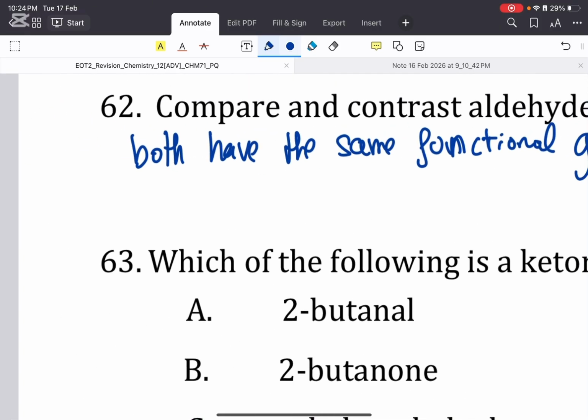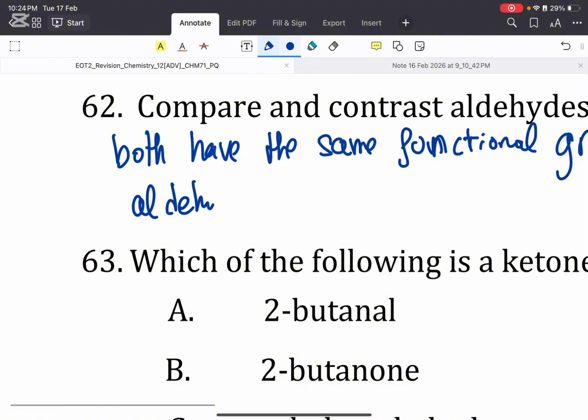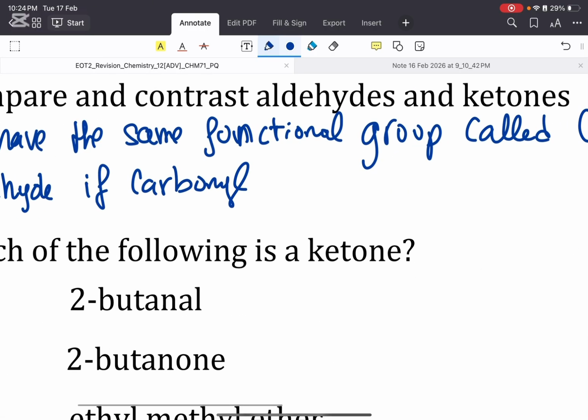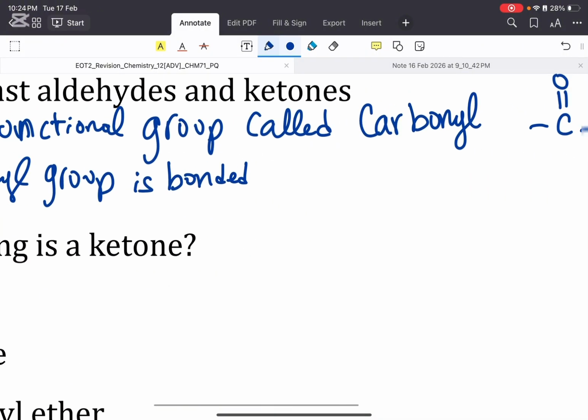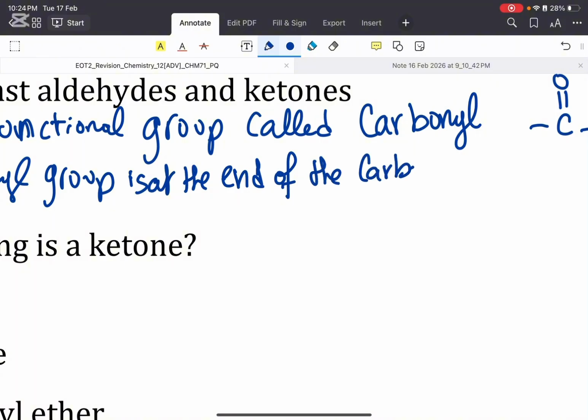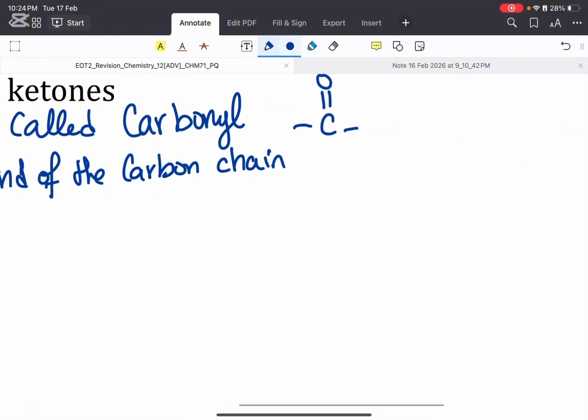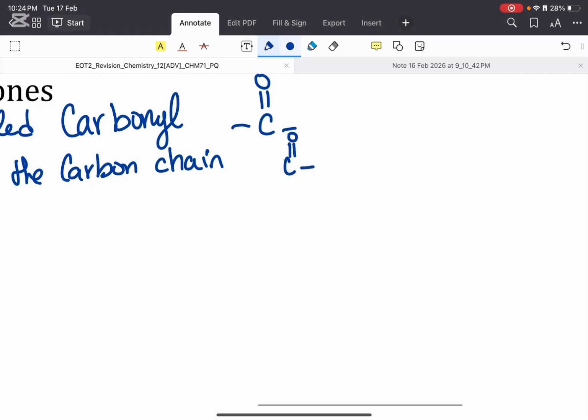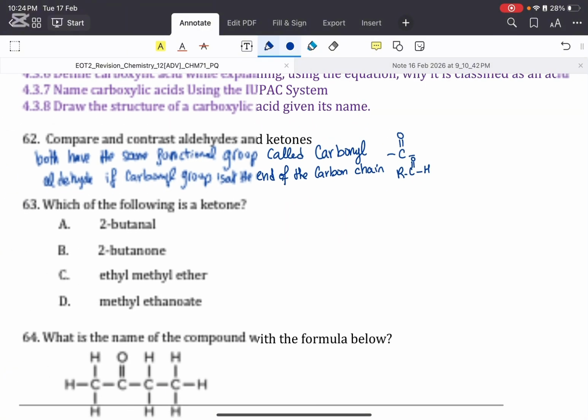Okay? So, let's put it this way. It is an aldehyde if the carbonyl group is at the end of the carbon chain and there's a hydrogen on it. So if it's at the end, this must be hydrogen and this must be a carbon chain.